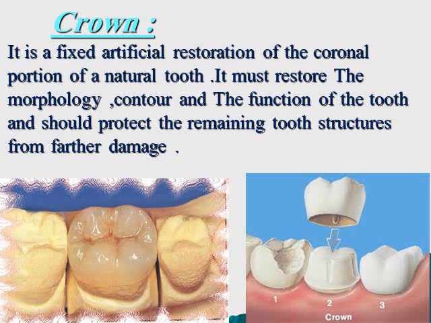If the shape is damaged, the tooth will not have its function in the proper way. In addition, it protects the remaining tooth structure, because it will be weak after the damage of the tooth. So the crown is a single artificial restoration.